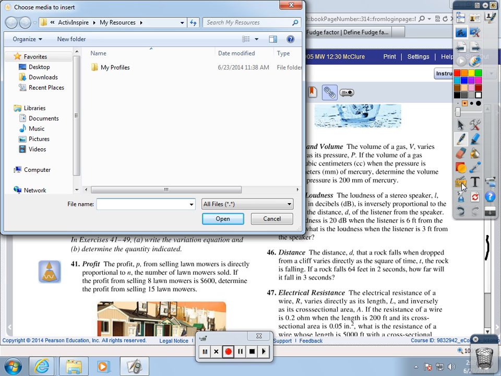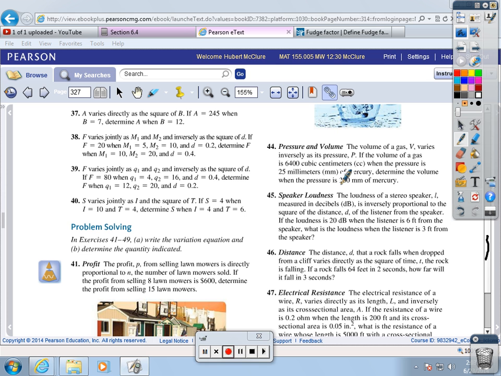Can't copy it. I wish you could, but you can't. I'd love to. Can you erase that half the board? Erase that half the board. Try it.